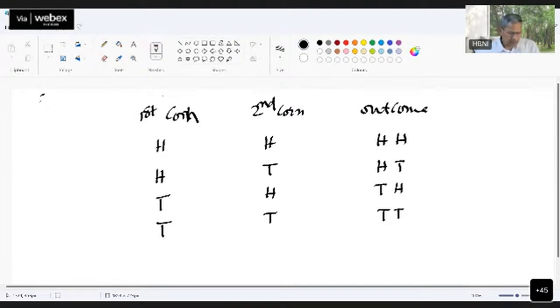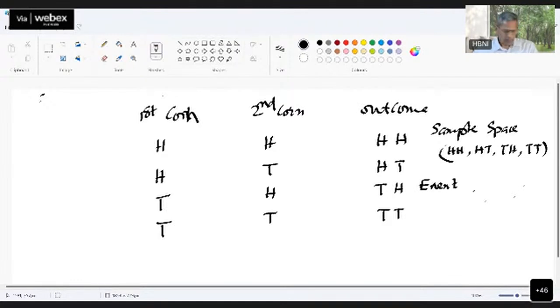So what is the sample space here? Sample space is the list of all outcomes like HH, HT, TH, and TT. These are the 4 elements. And what is the event?